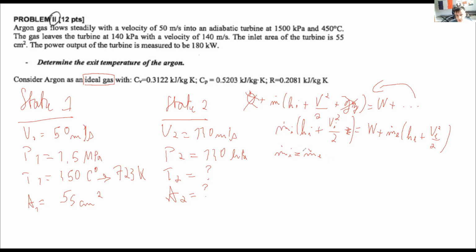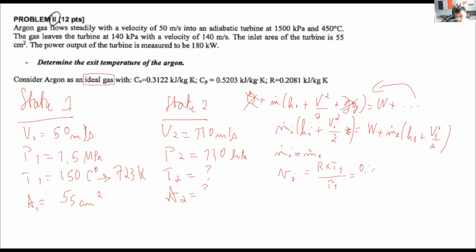So in both states, the mass transfer rate is the same. How do we get it? Using the ideal gas equation, we can find the specific volume. In the first state, it is equal to R times the temperature divided by P1.